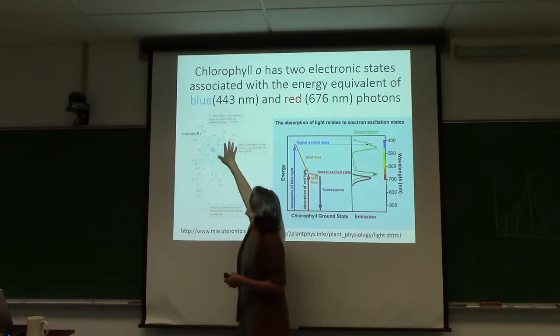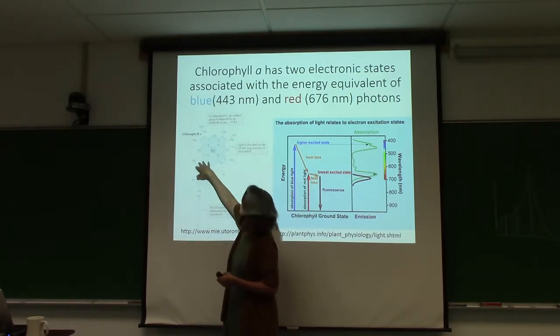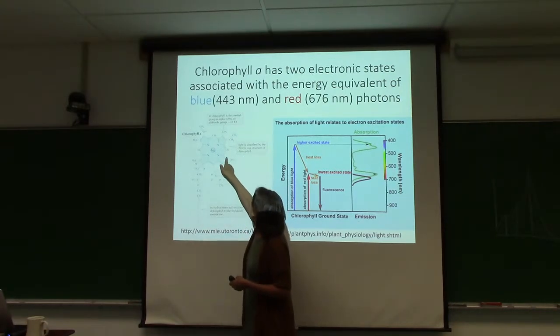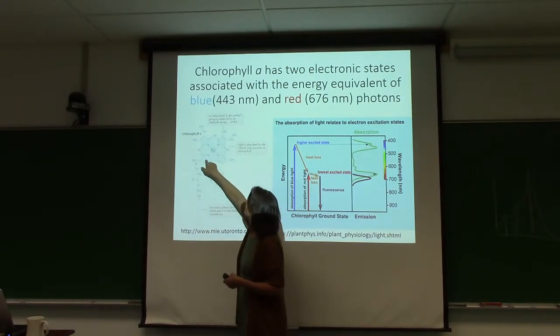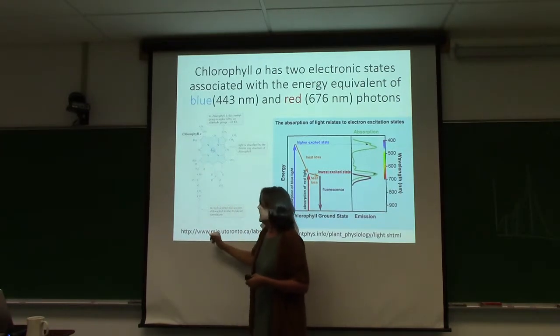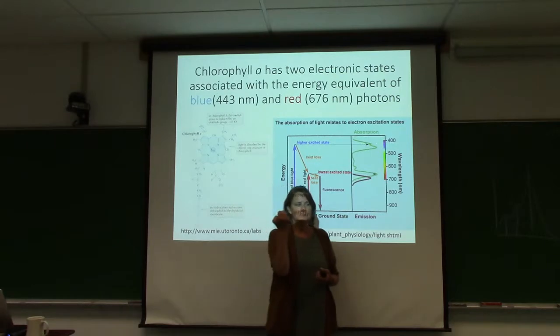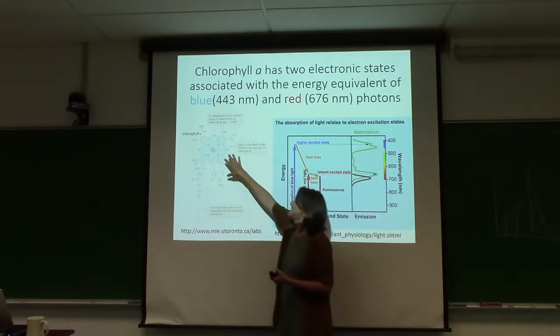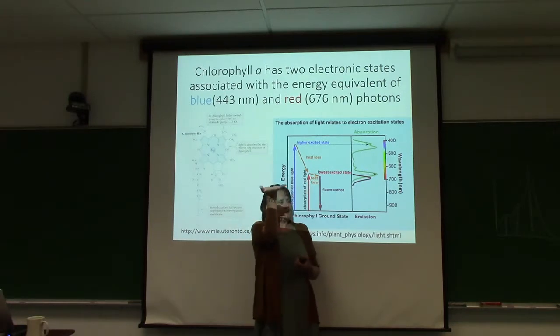The absorption occurs in this part of the molecule, in the porphyrin ring structure. It's got these really nice chiral rings. There's 4 of them. There's magnesium in the center. The carbon tail is what roots it into the membrane of the chloroplast. But this is the part that sort of sits out like a plate for absorption.